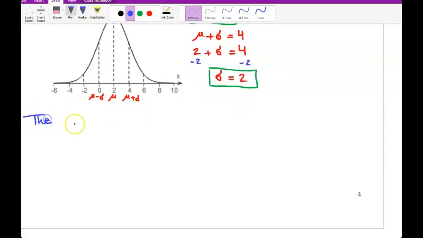So the center is at 2. That's why the mean is equal to 2.